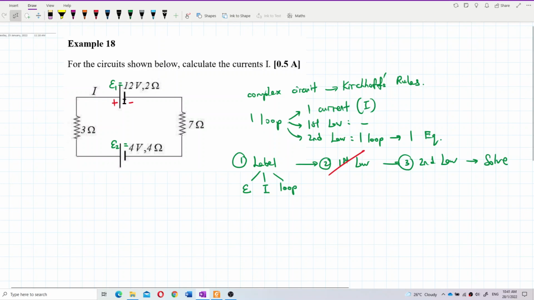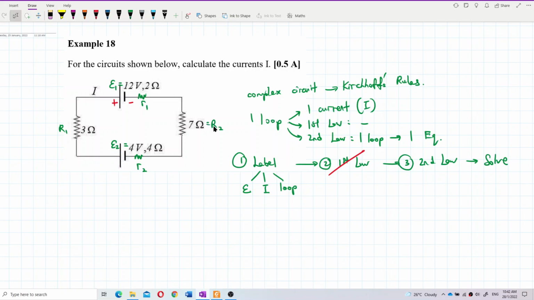The 2 ohm is the internal resistance for battery E1, and the 4 ohm is the internal resistance for E2. Maybe you can label them R1 and R2. The 3 ohm and 7 ohm are the external resistances, so we can label them R1 and R2 as well.